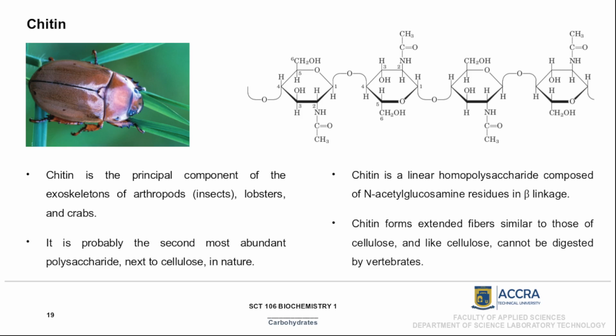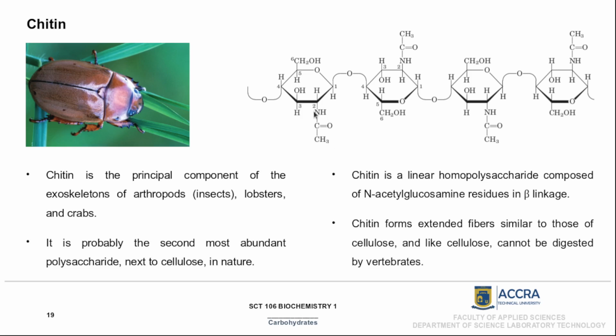Now, the last of the polysaccharide examples is chitin, which is found in the exoskeleton of arthropods, insects, and lobsters and crabs. This polysaccharide, chitin, is made up of the derivative N-acetylglucosamine that we saw earlier.